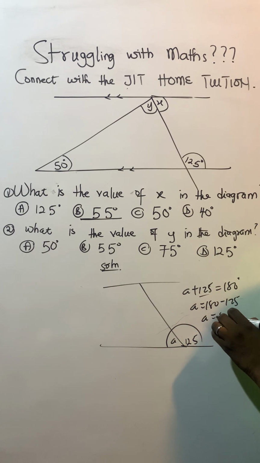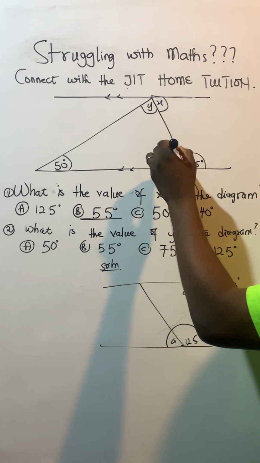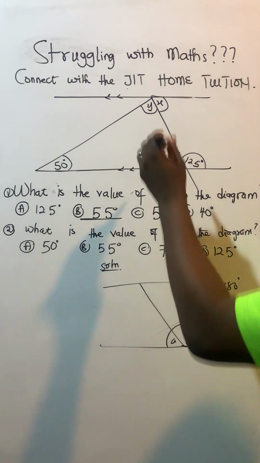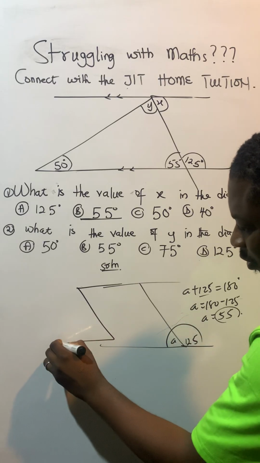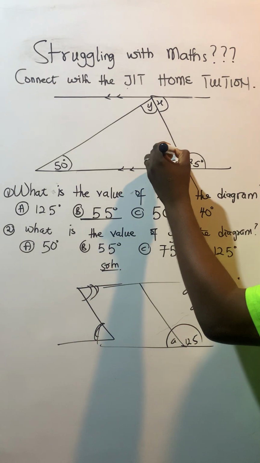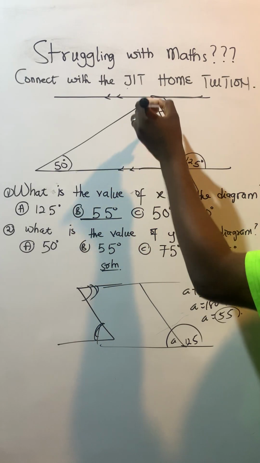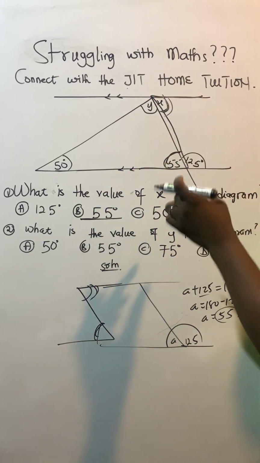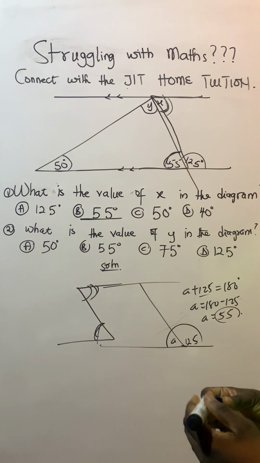Then you have a equal to 55 degrees. So meaning that this side becomes 55. Now having gotten your 55, you can use what you call alternate angles. What it means is that the angle at this side is equal to the angle over here. You see, it is forming something like a Z. It is alternating, so the angle here is equal to that angle at this side. So that's also another approach that you could have gone about with it.